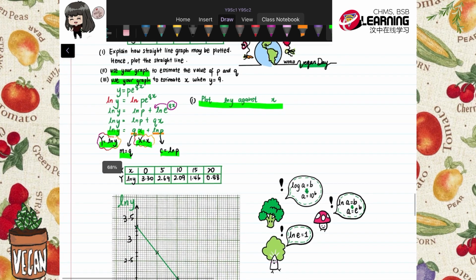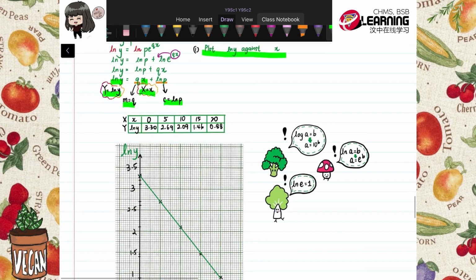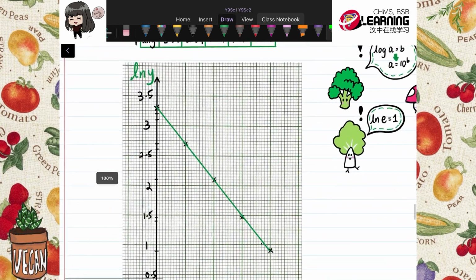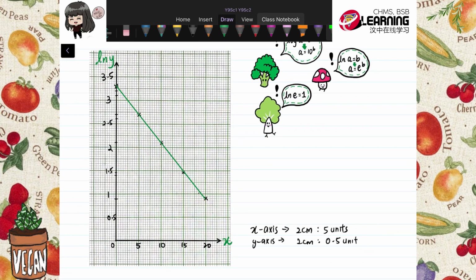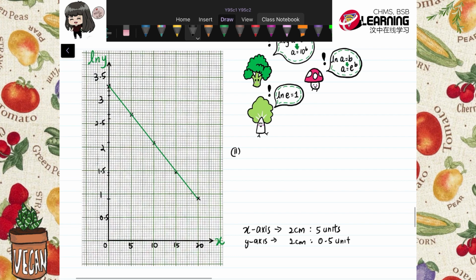Okay, so part 2, use your graph to estimate the value of P and Q. This one I think you know already. So you can find gradient and find C. I'm gonna find gradient using the points that you already plot, (0, 3.3) and (5, 2.69).